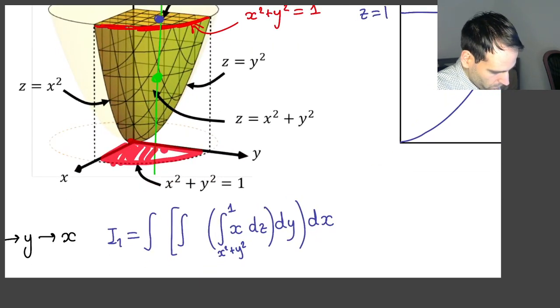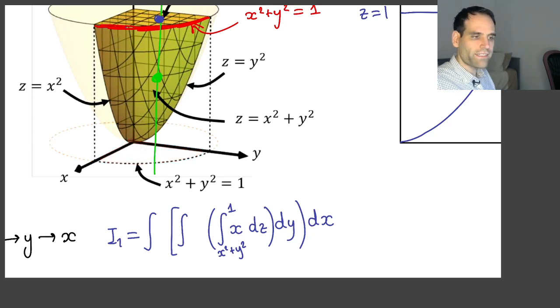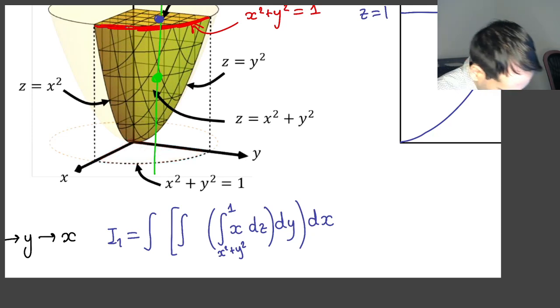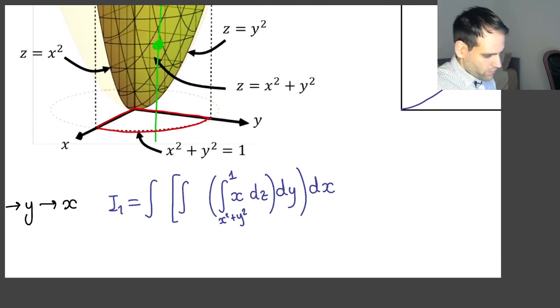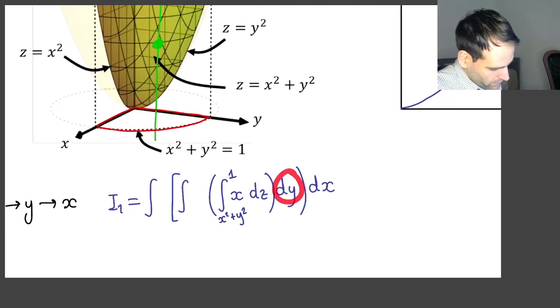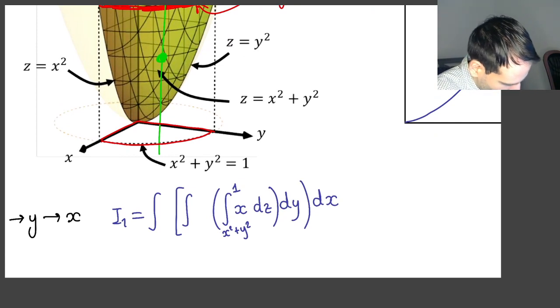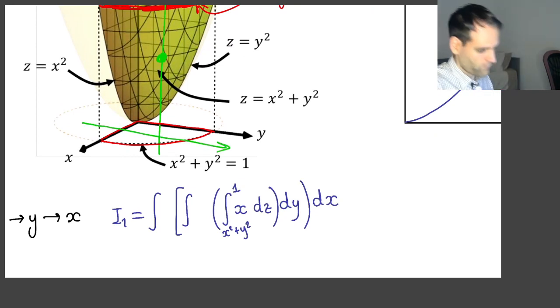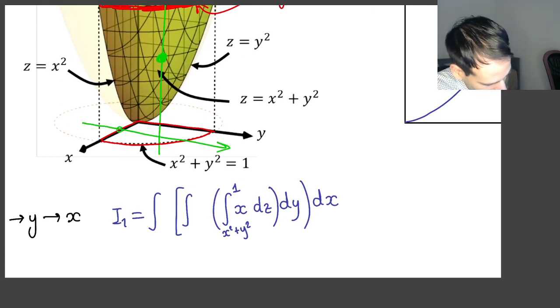Okay? So we end up with that area. Let me actually highlight it. So now we are integrating along y. So what I do is I draw a line in the y direction. And then I think, okay, when does this enter the region of integration and when does it exit? So it enters the region of integration when y equals 0.